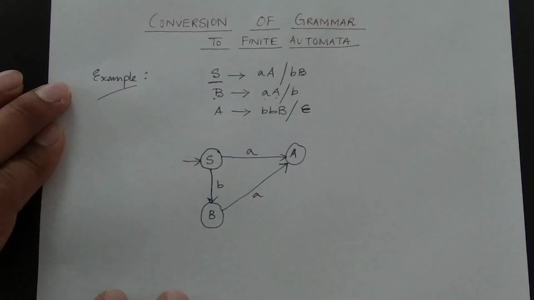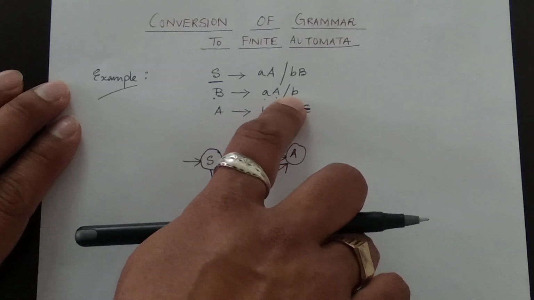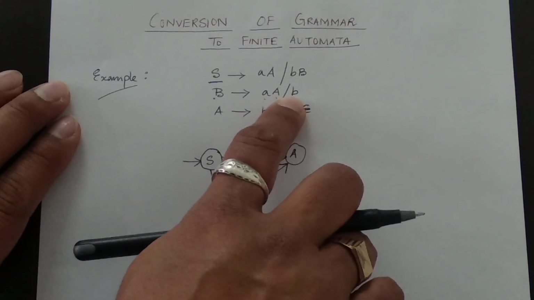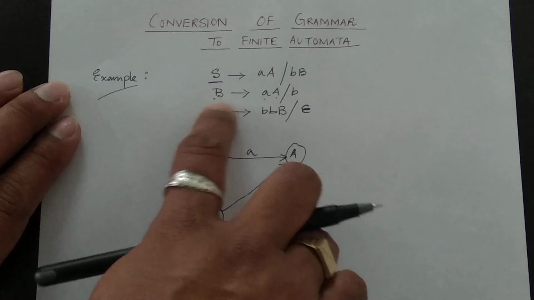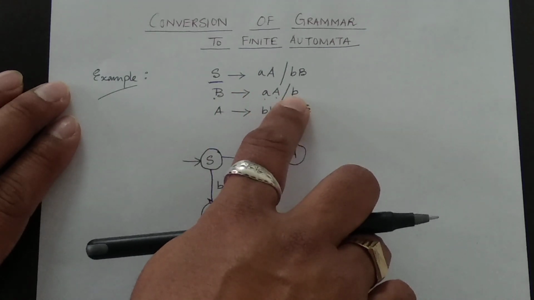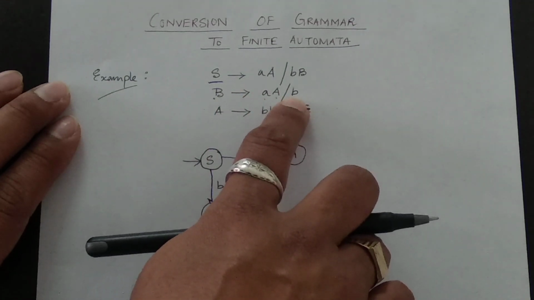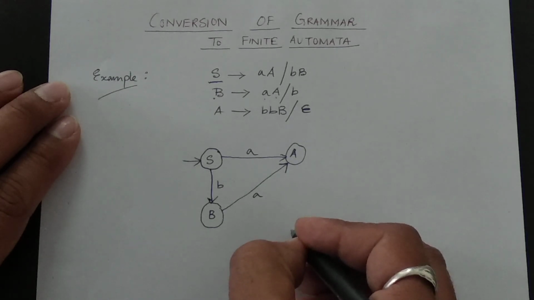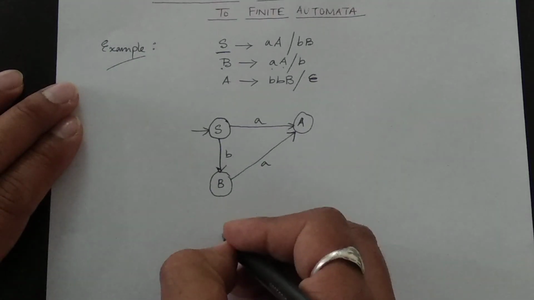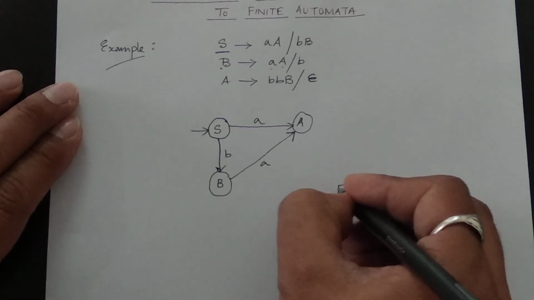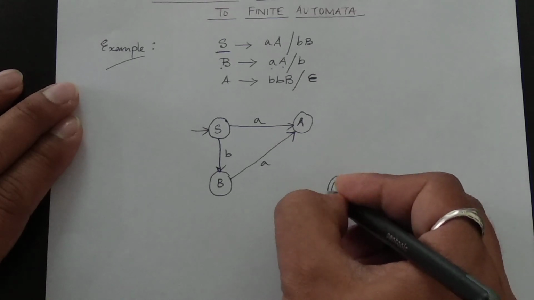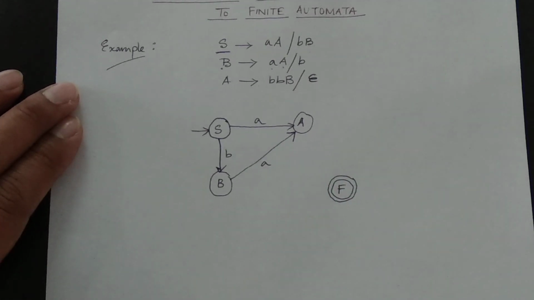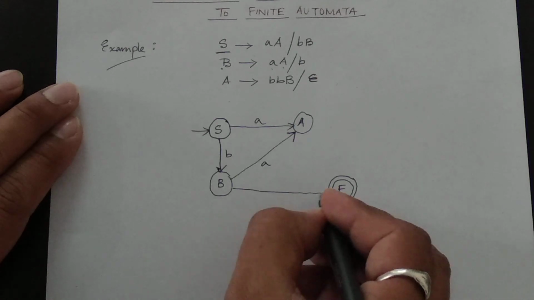Now the question arises, where will this b go? This is already accepted, right? For capital letter B, small letter b has a production, which means this is an accepting one. So I have to use one more state. Suppose I write it as F, and this is your final state. So from B, this will go like this.